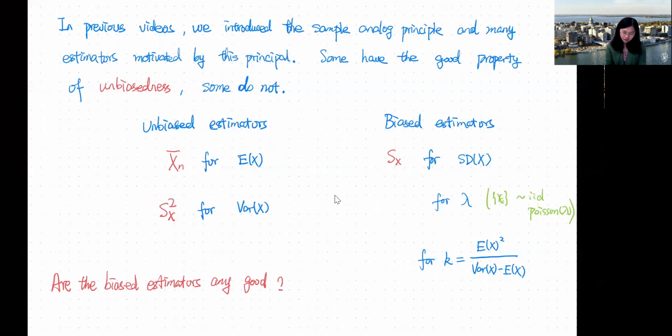Among the other estimators that we introduced which are biased as well is, for example, the zero-frequency-based estimator for lambda.